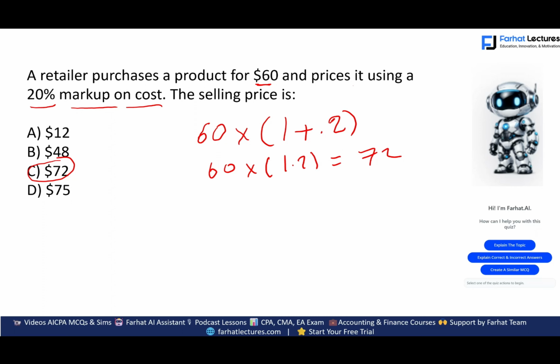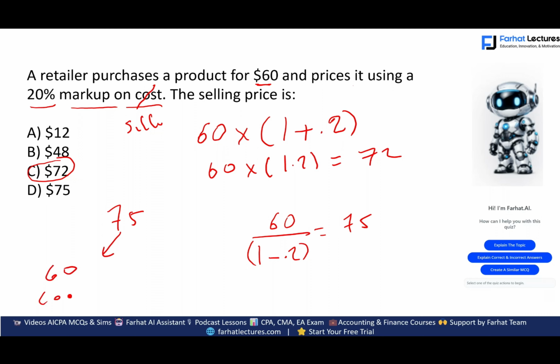Now be careful if this was a markup on the selling price. With markup on the selling price, you take the cost divided by 1 minus 0.2. Here you take 60 divided by 0.8, which gives us $75. So this is markup on selling. Of the $75, $60 is cost, $15 is profit.